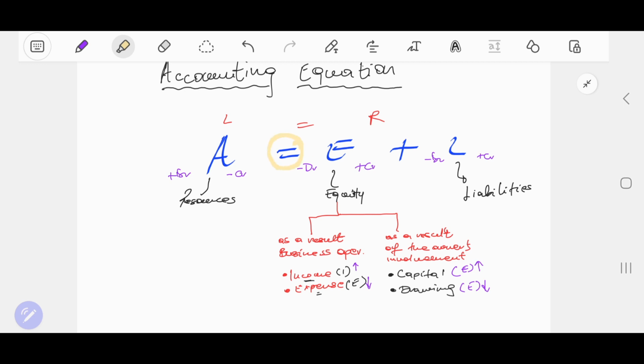And then any other element, which is on the other side of the equal sign, which is equity and liabilities, they have an opposite effect. So what do I mean by that? I mean, if assets increase on the debit side, equity and liabilities are going to increase on the credit side, because they are on the other side of the equal sign. So they have an opposite effect to that of our assets.